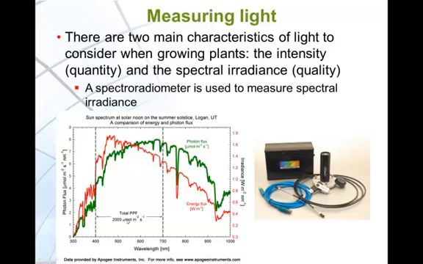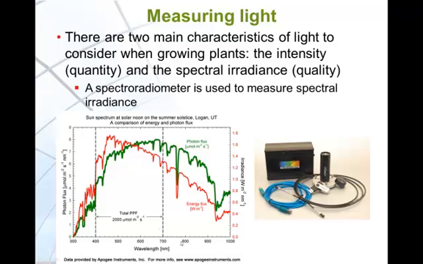If you integrate the value between 400 and 700, taking every single nanometer reading of photons in micromoles per square meter per second and summing them up, you get micromoles per square meter per second for 400 to 700 nanometers.